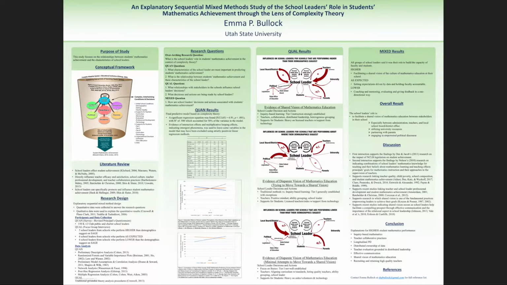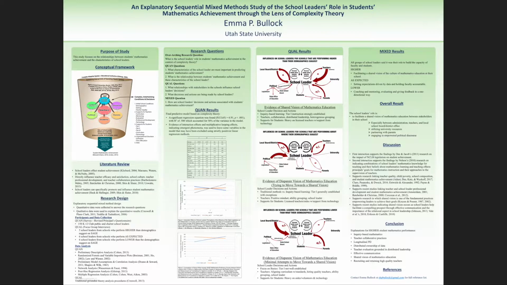I also came up with a predictive model based on school leader characteristics that would predict student SAGE scores for their school. So this reports on my model that's predicting student scores, and I found interaction effects and multiplicative looping effects, which have to do with complexity theory.